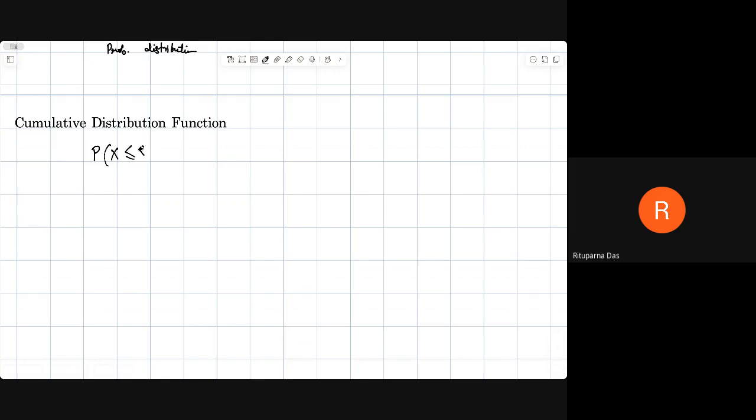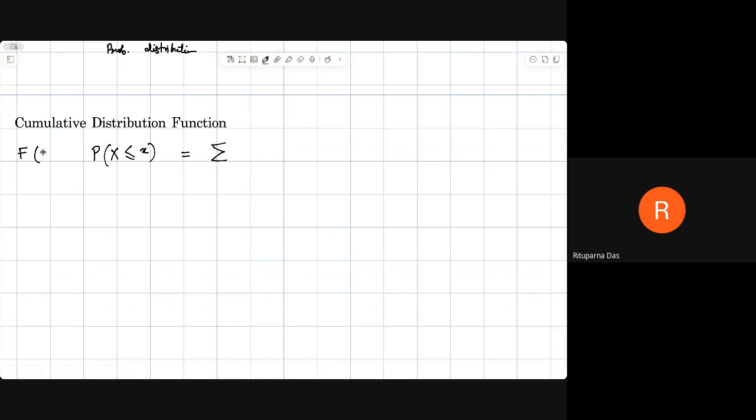This is capital X and small x. So this is basically the sum of the probability mass function.